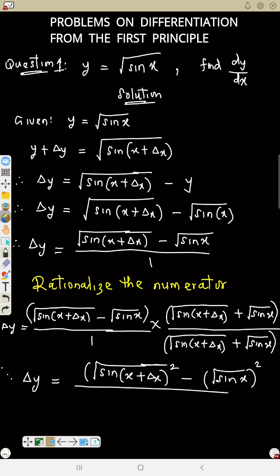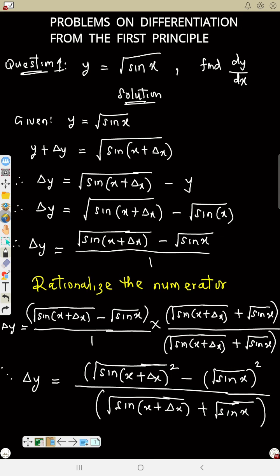So that means I've multiplied the numerator. If you like you can expand the brackets one by one, but here I'm using the difference of two squares. So that is the numerator. Then the denominator remains the same, that is square root of sine of x plus delta x plus square root of sine x.